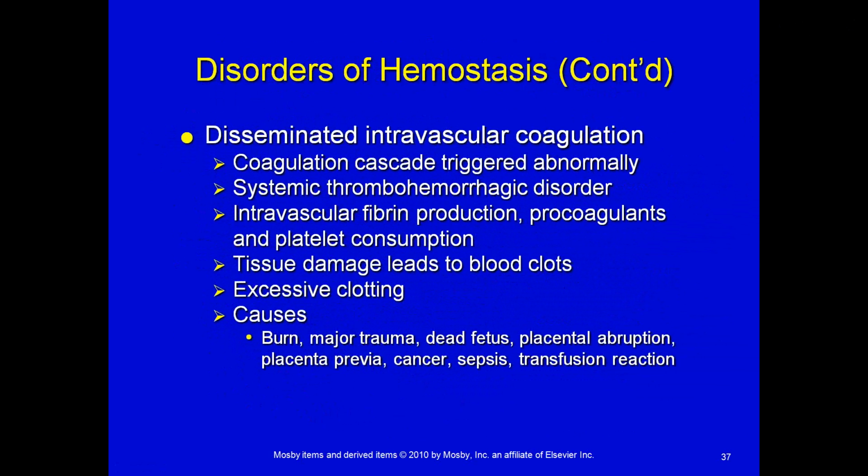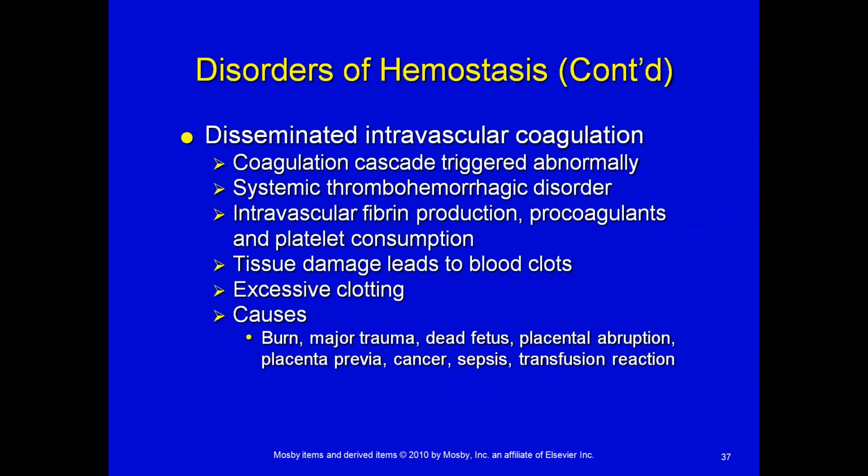Your platelet count becomes very, very low, and then you hemorrhage easier in other parts of the body. And it's kind of weird, but the treatment for DIC is heparin to prevent those abnormal clots from occurring and using up all your platelets.